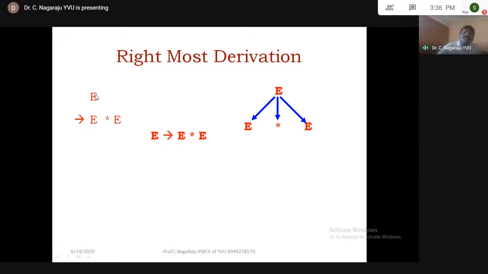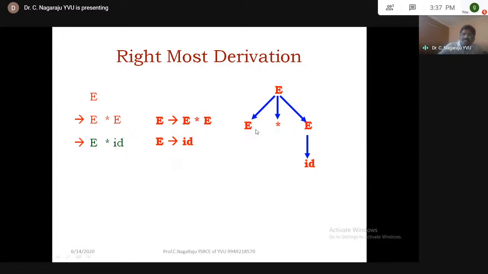Here E can have the form E star E. So then here is the derivation. You see the rightmost derivation. In the last case we took this, but here instead of taking plus, we take star.